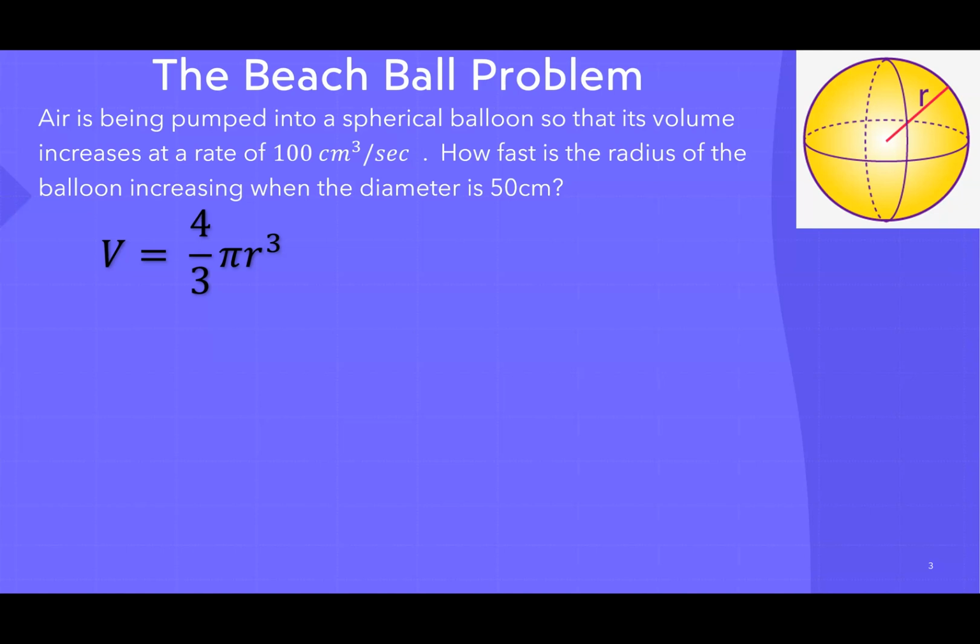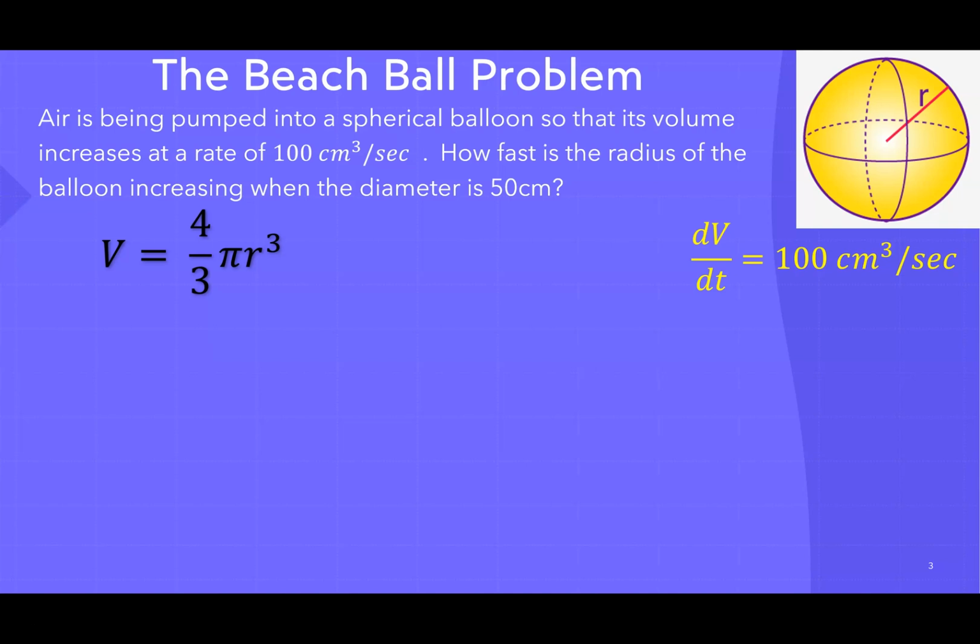Now, we would look further at what the question is saying. It is saying that the rate at which the volume is increasing is 100 centimeter cube per second. So that is dV dt, the change in volume with respect to time, in seconds.